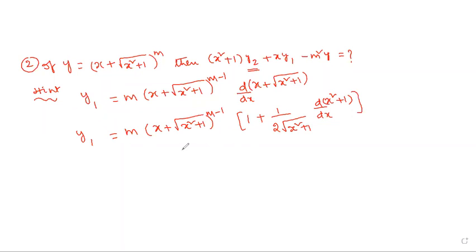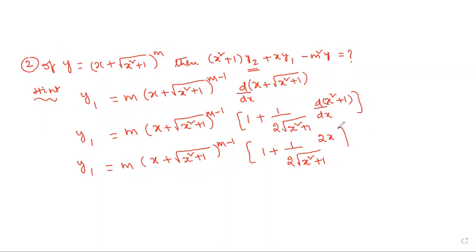Y1 is equal to m into (x plus root over x square plus 1) whole power of m minus 1, into (1 plus 1 by 2 root over x square plus 1 times 2x). 2 is cancelled.